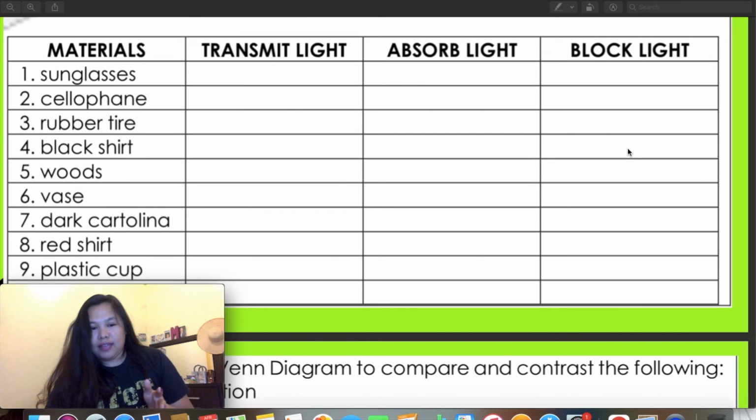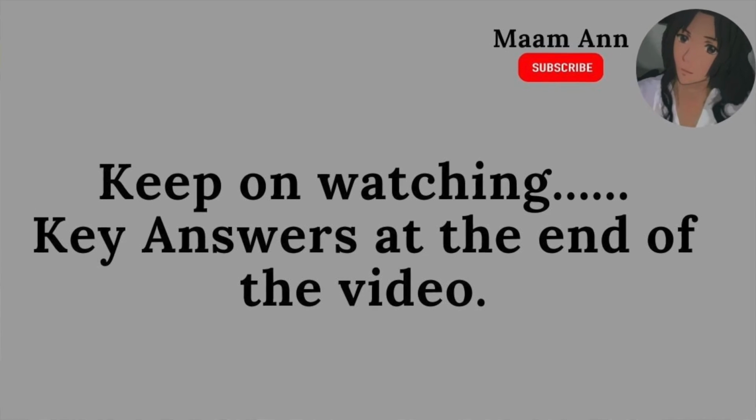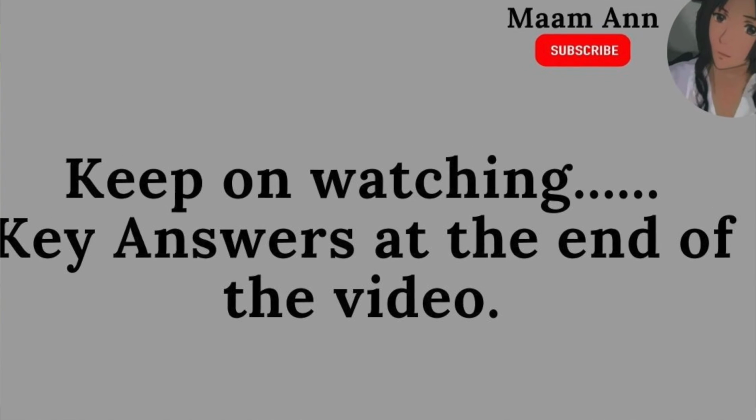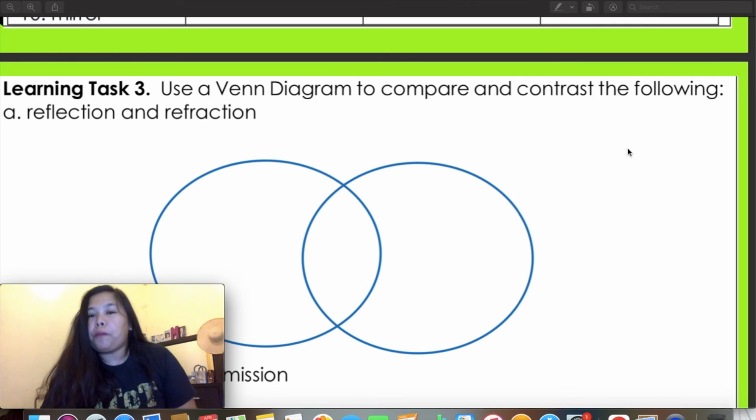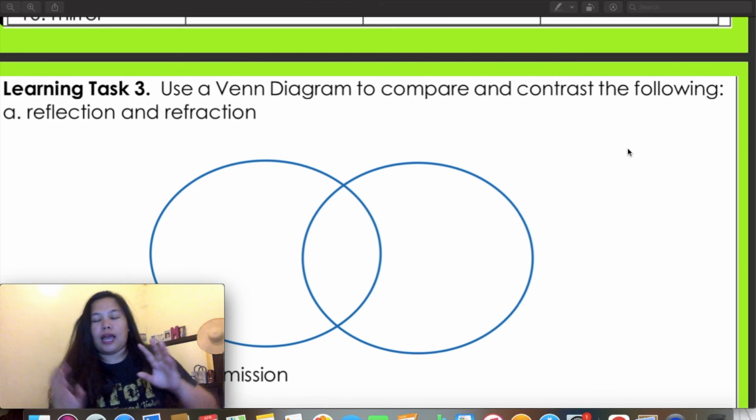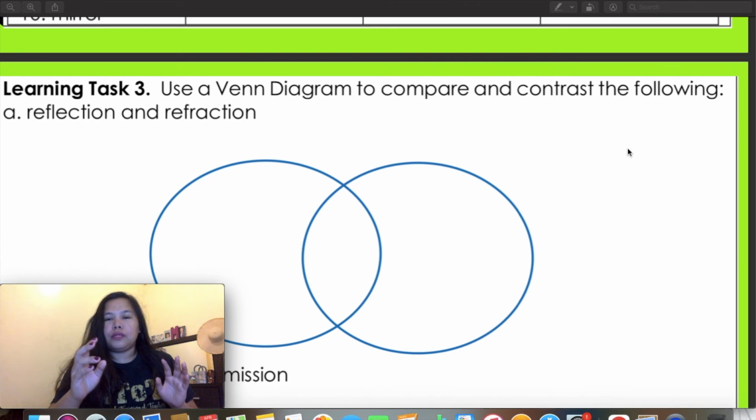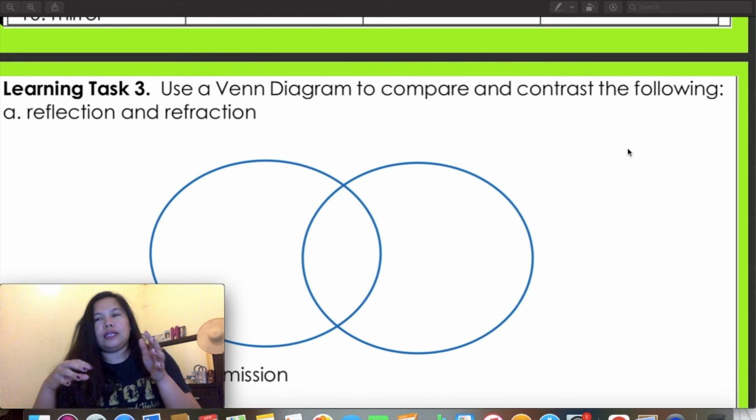Okay? So, yan. In our learning task 3, use a Venn diagram to compare and contrast the following. Okay, when we say compare and contrast, kailangan mo silang ipaghambing. Then, kailangan mo rin malaman anong pinagkaiba nila.